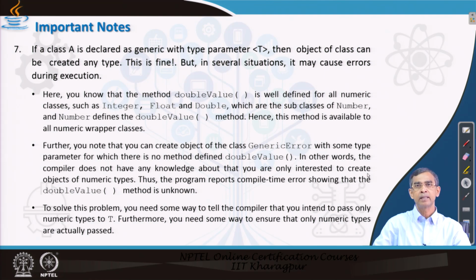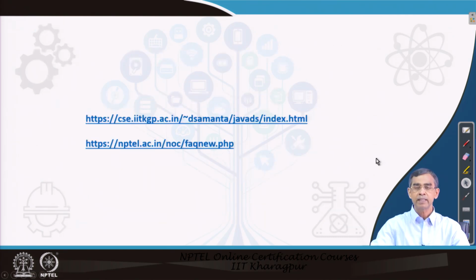Java has a facility for dealing with this kind of situation, called bounding the arguments. That means we can define that the template type we have decided on can be limited to only numeric types, or limited to some other type. We can do that, and it is very essential in many situations.